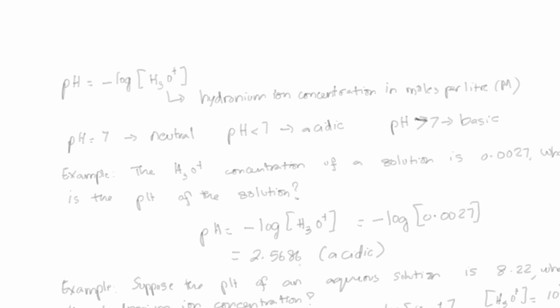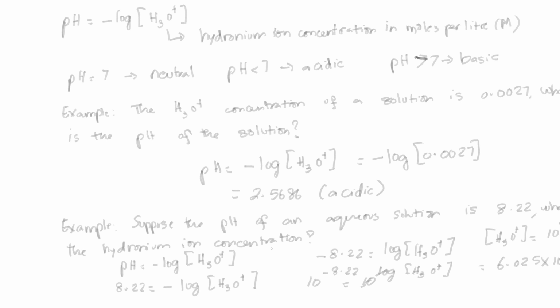The second example, suppose you have an aqueous solution with a pH of 8.22, and you want to find the concentration. We know the value of pH, which is 8.22, but I don't know the concentration.